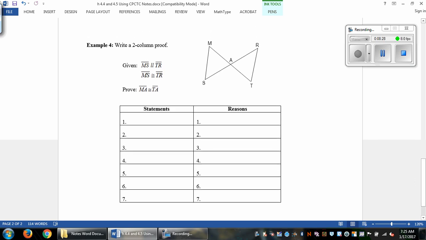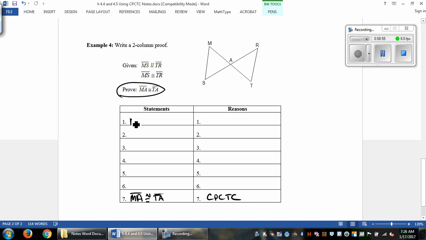Alright, here we have the last one that we're going to do. Once again, we're going to look at the fact that we have MA congruent to TA, and that is going to be CPCTC, because it's not a triangle. And we got to make some markings here.